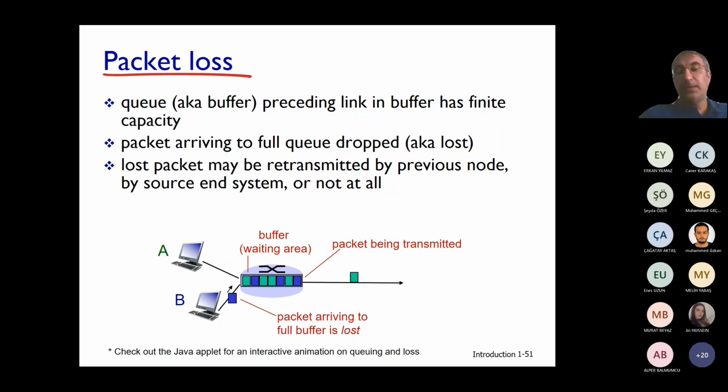Because the arrival rate is much greater than the link transmission rate, the queue is going to start to swell, and after some point we start to drop packets, which leads to packet loss.